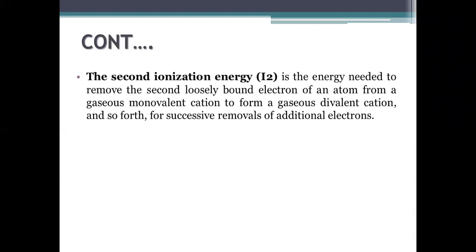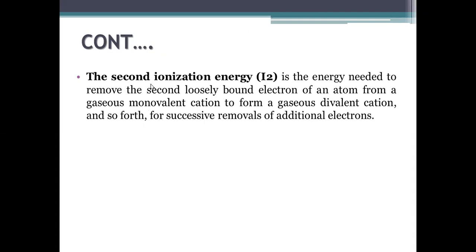And the second ionization energy is the minimum amount of energy needed to remove the second loosely bound electron of an atom from the gaseous monovalent cation. Earlier, it was always a neutral atom.